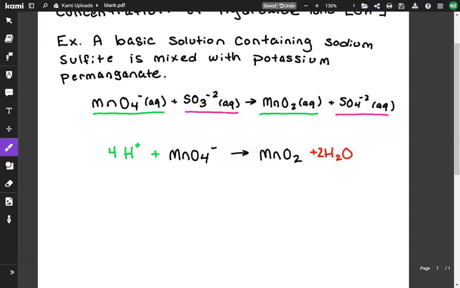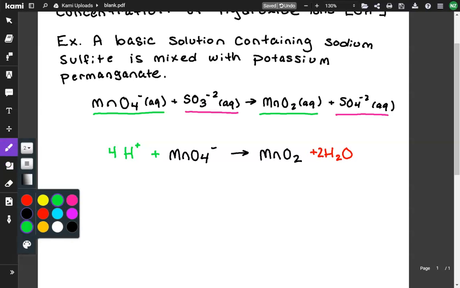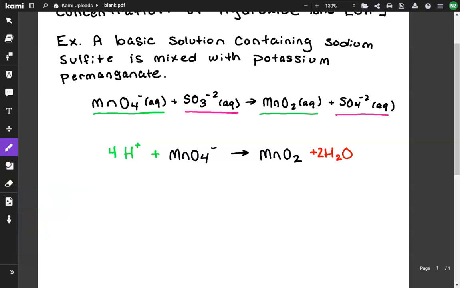Now, this is where we need to figure out what our total charge is. 4 times positive 1 is plus 4. This right here is minus 1. So the total charge on this side is going to be plus 3. On the right side, this one is 0 and this one is 0.